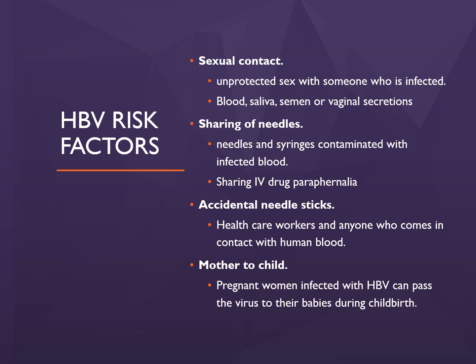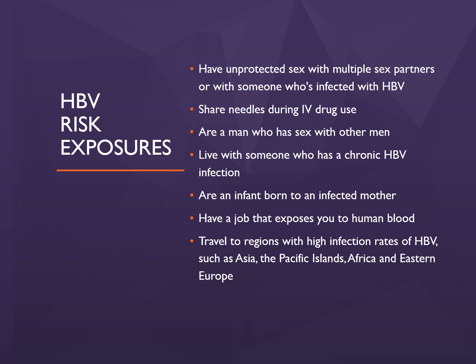So what are these risk factors? We know that hepatitis B is transmitted through the blood, unprotected sex, sharing of needles, accidental needle sticks, and then mother to child. Those are some of the risk factors and ways of exposure.